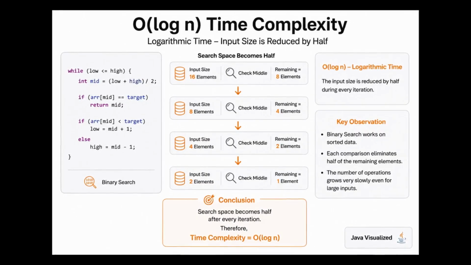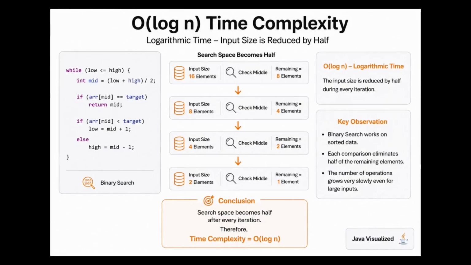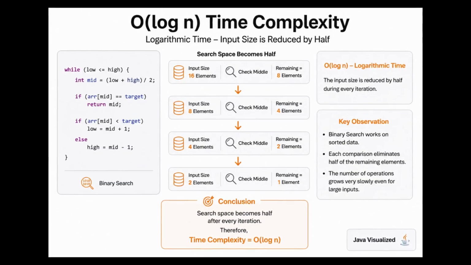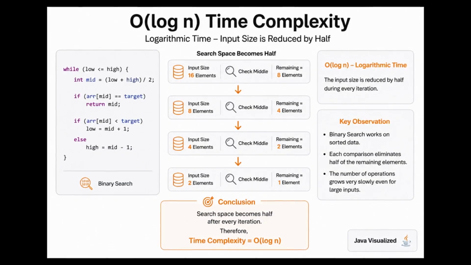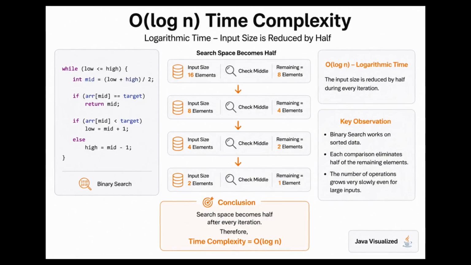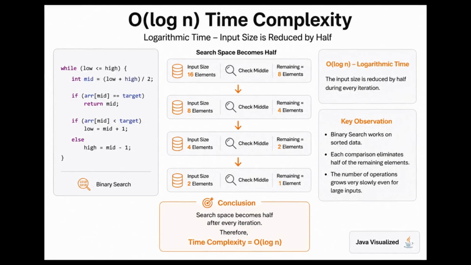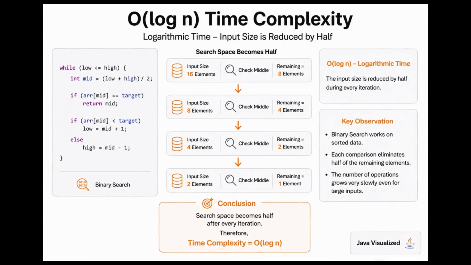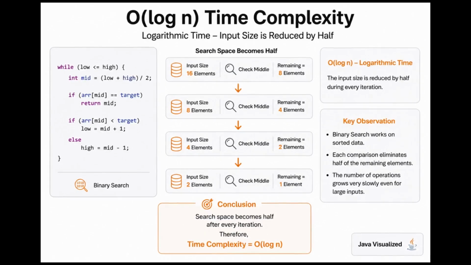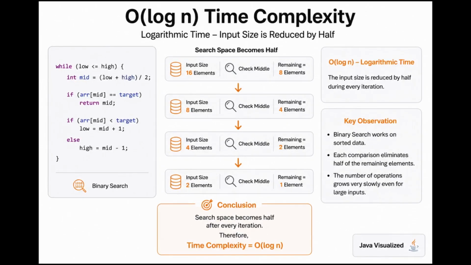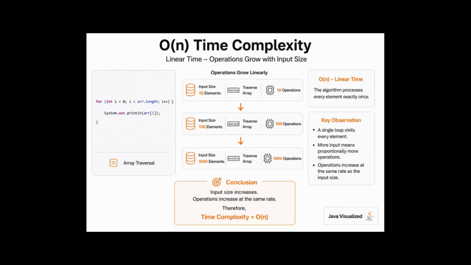For example, if there are 16 elements, the search space becomes 8, then 4, then 2, and finally 1. Since the input keeps getting cut in half, the algorithm performs far fewer operations than a linear search, giving it a time complexity of O of log n.